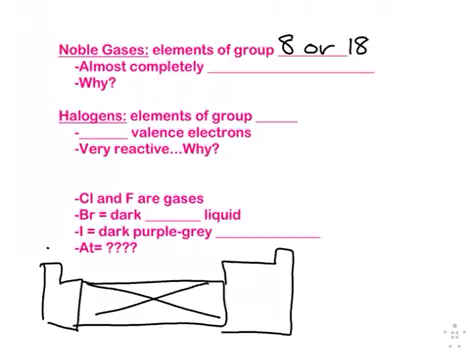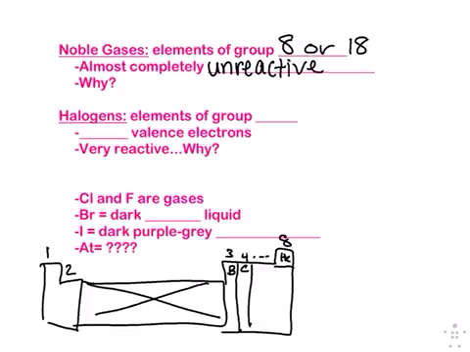So sometimes this is numbered 1, 2, and then the boron column would be 3, carbon 4, and so on until we reach the noble gas column, which is sometimes referred to as 8. These elements in the noble gas column are almost completely unreactive. That means they don't combine with other elements. They're very boring. They don't do anything exciting.